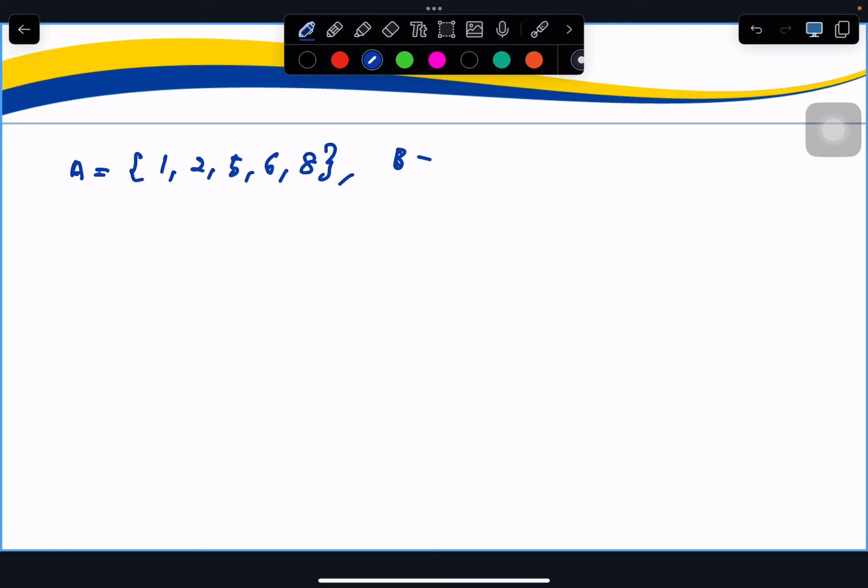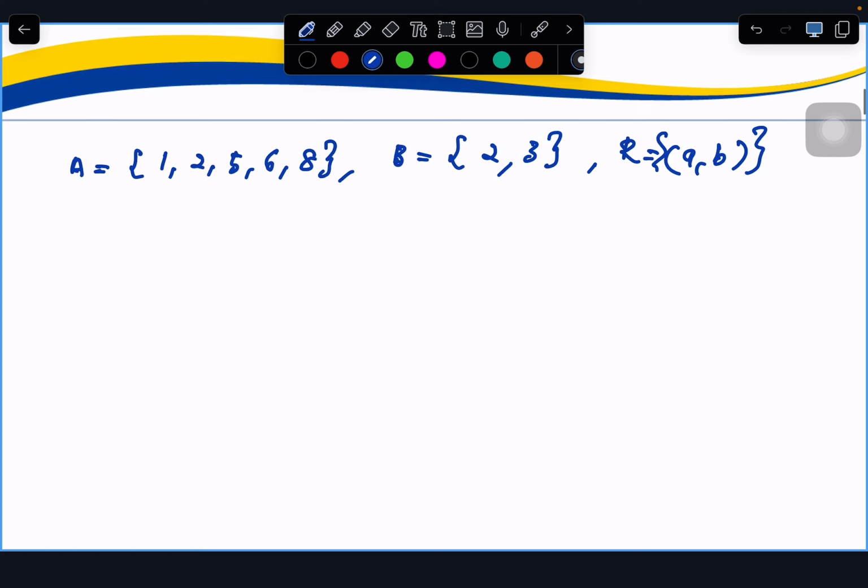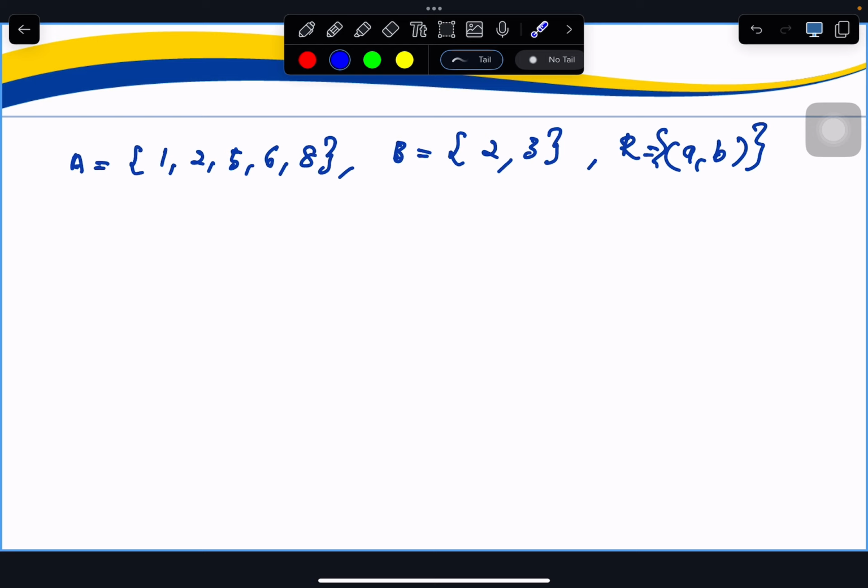And B: 2 and 3. And R, generally they write it as (a, b), then they have conditions on a and b. So how do we start? Ignore the condition first and pair all the numbers. Since R says (a, b), I mean you list all the possible pairs.